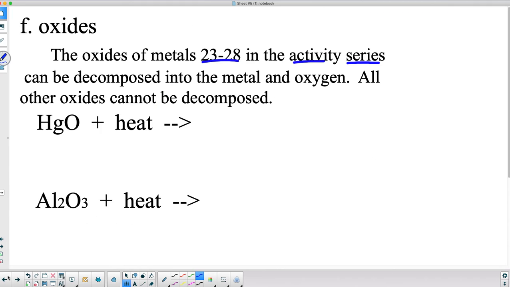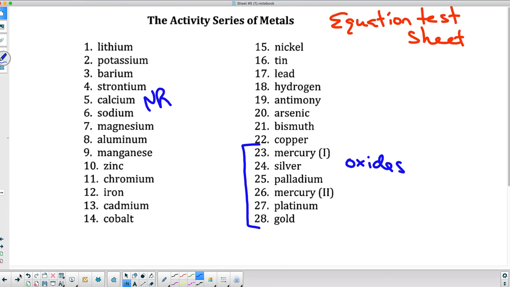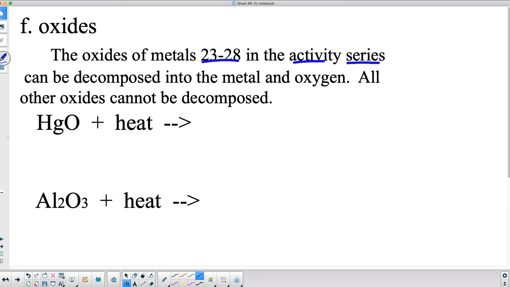Okay, so let's go back and see what we got. The oxides of metals 23 through 28 in the activity series can be decomposed into the metal and oxygen. Mercury 2 is 26 and mercury 1 is 23, and because both of them are on that list, I don't have to worry about which mercury it is.